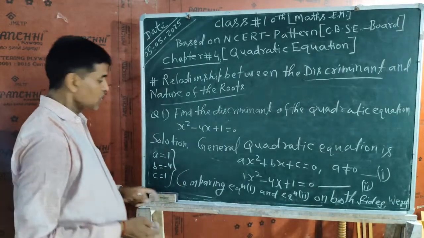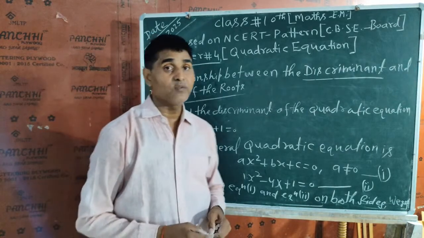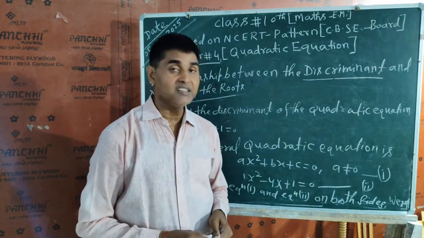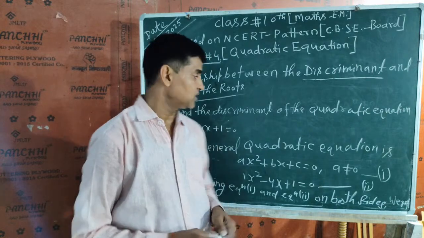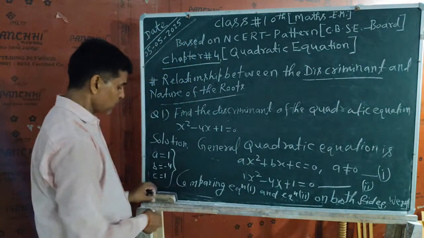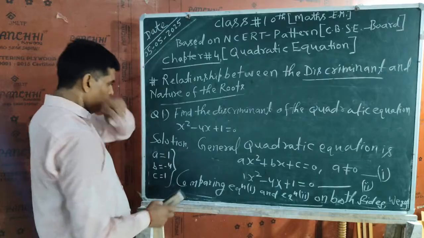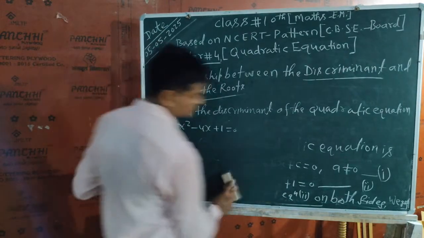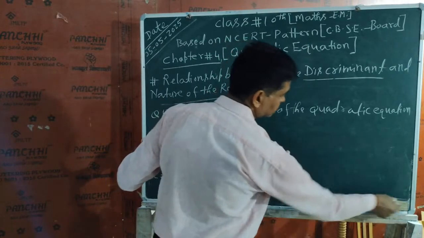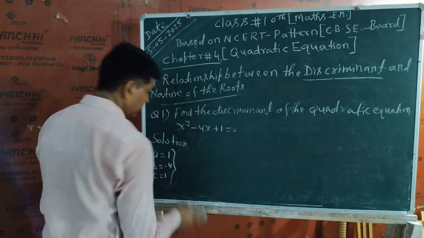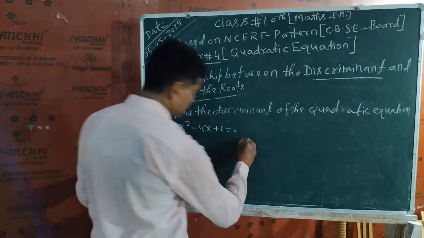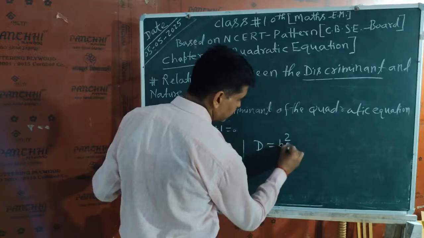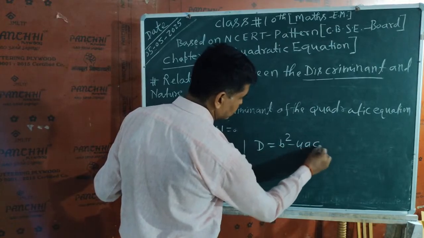Okay, student. Now further I have to get the value of the discriminant. I know the discriminant D is equal to b square minus 4ac. So I will get its value. Now I write the discriminant, which is equal to b square minus 4ac.